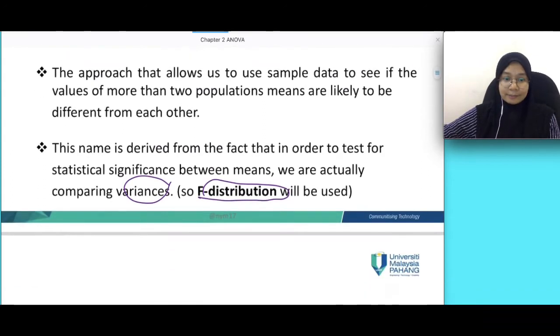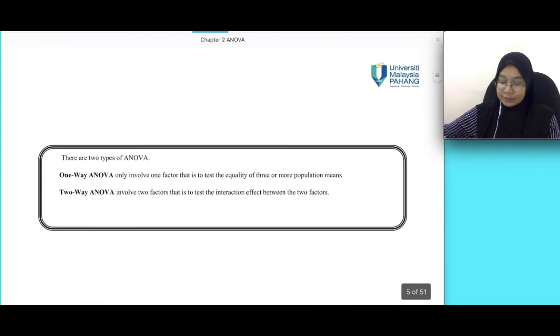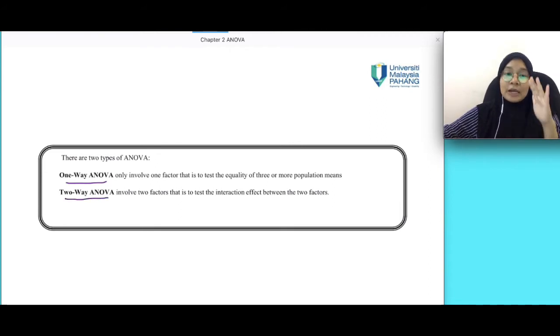Next, there are two types of ANOVA as I mentioned just now, one-way ANOVA and two-way ANOVA. The difference is that one-way ANOVA involves one factor, meaning one independent variable, which I will abbreviate as IV.